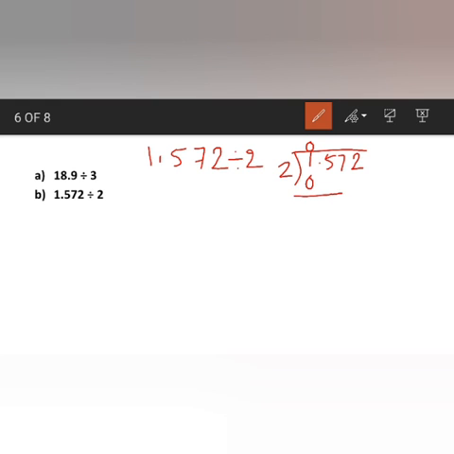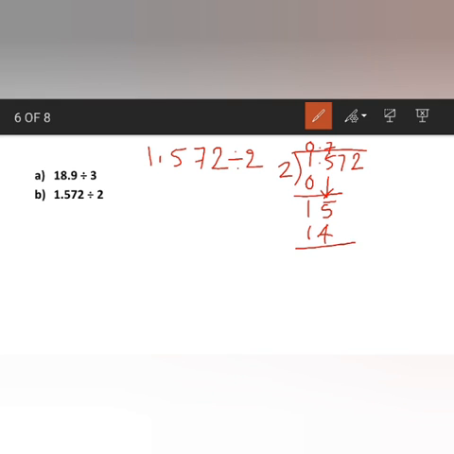Now bring the 1 down. Then what about the next one? It is the decimal point. So we have to put the decimal point in the quotient. So we'll put the decimal point in the quotient and then bring down the 5. Now write the 5 here so that this becomes 15. How many times will 2 go in 15? 7 times. Now write 7 here. It is 14.